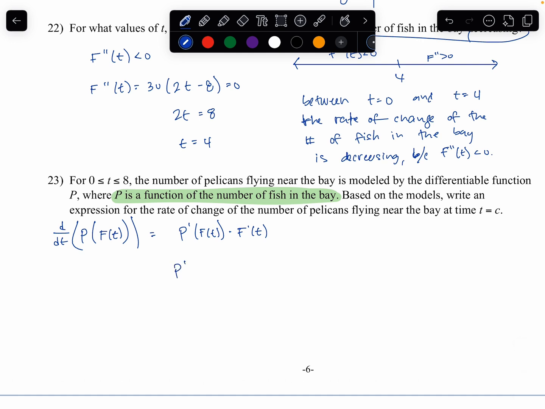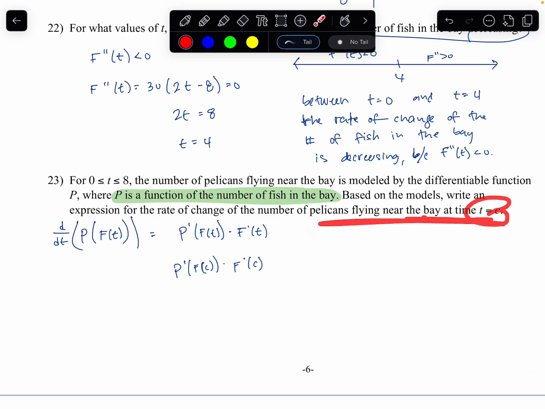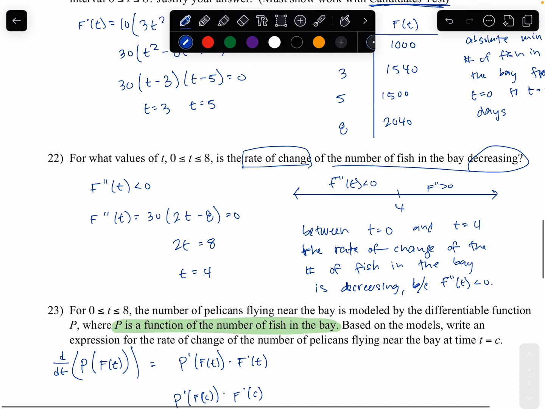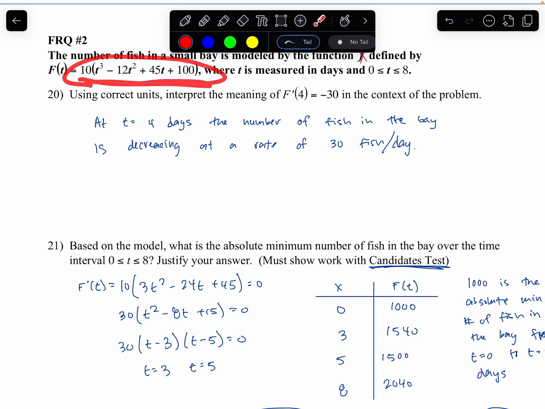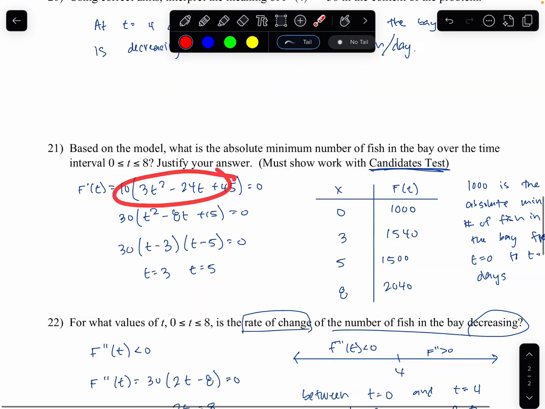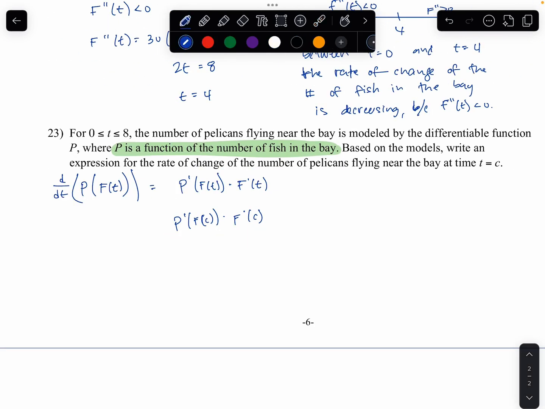So p prime of f of c times f prime of c, because we're trying to find it at t equals c. And then we can take these functions, plug in c, and use those in place of this. So a fully expanded, really explicit definition would be this.